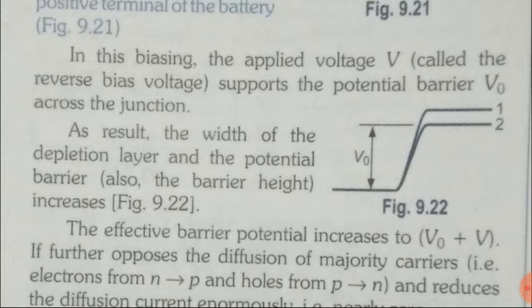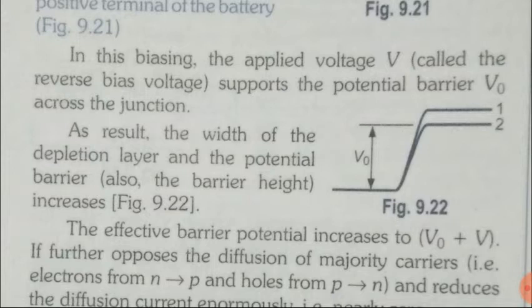Potential barrier is the potential because of the depletion layer. Whatever voltage we apply, the majority charge carriers move away from the junction and the width of the depletion layer increases. That means the potential barrier also increases.